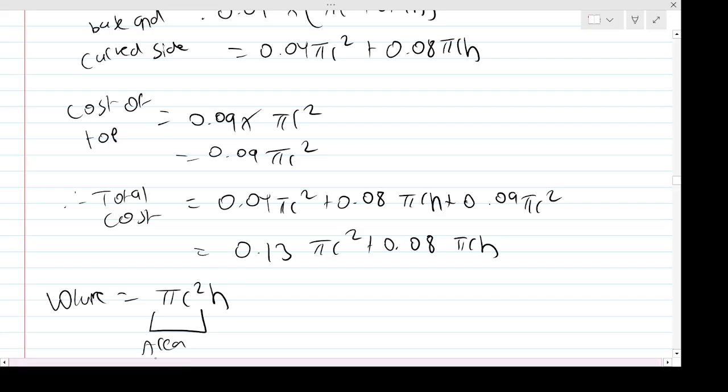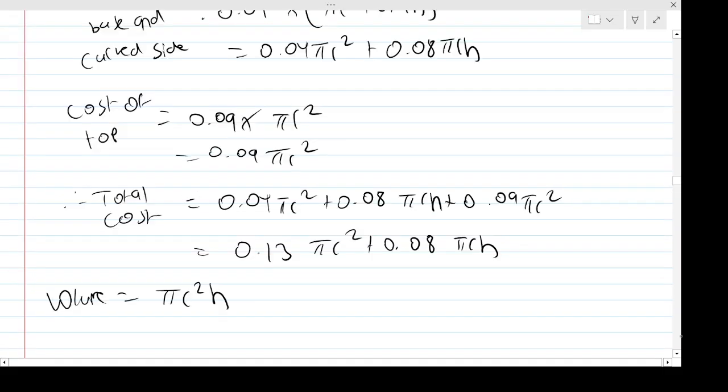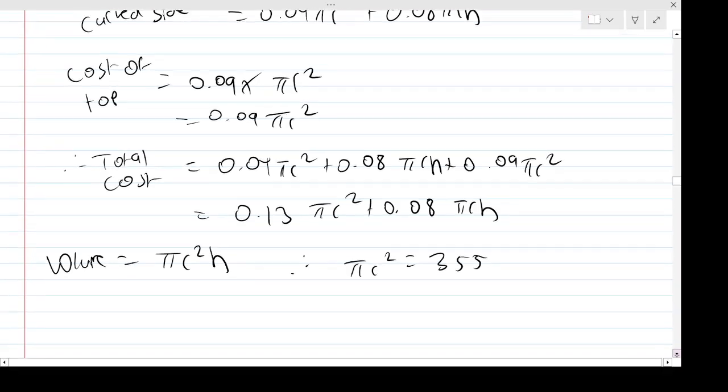So that gives me the volume, the space inside. I'm given that the volume is 355, so I can equate that to say that pi r squared h is 355. So then I'm going to get rid of h. If I rearrange for h, it's going to be 355 divided by pi r squared, right?